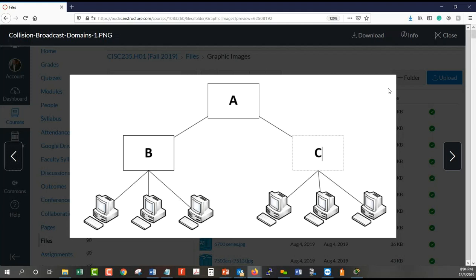Okay. So again, yes, there is only 1 broadcast. That I agree with. However, I'm seeing a little confusion on the number of collision domains. Take a closer look, because no one has gotten the answer correct.